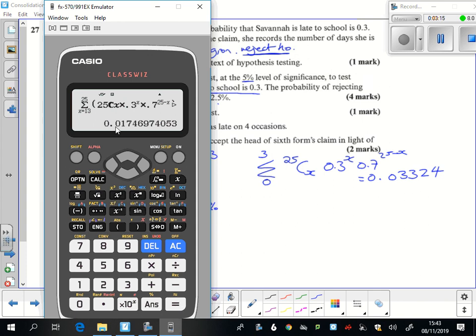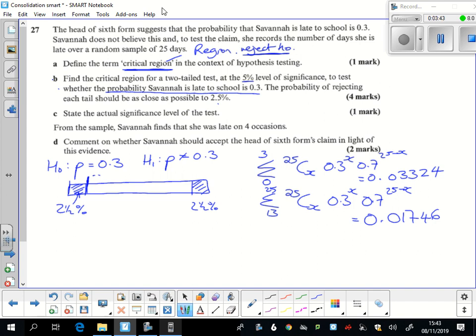Remember, I was aiming for 0.025. So I've got the sum from 13 to 25 of 25 choose x, 0.3 to the x, 0.7 to the 25 take away x. That is 0.01746. So what I'm saying here is that if the test statistic is 13 or more, so really it's all the way up there, isn't it?